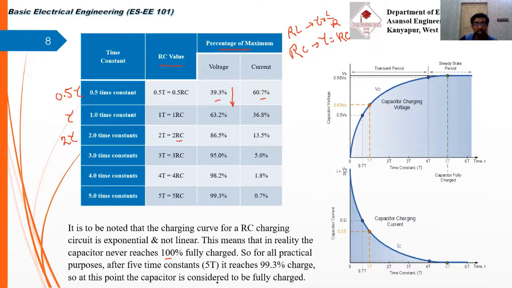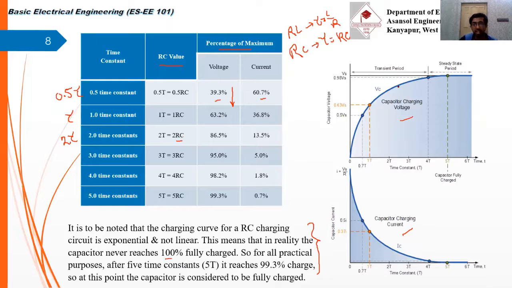And at this point, the capacitor is considered to be fully charged. This is basically the practical case. Okay, because we cannot wait for t tends to infinite, because infinite is not a number we can reach. Okay, and this is the capacitor charging current, this one is the capacitor charging voltage.